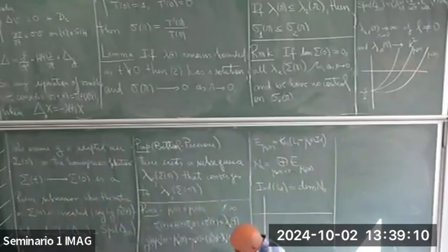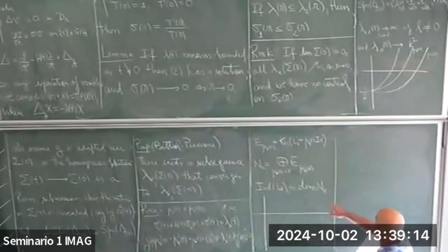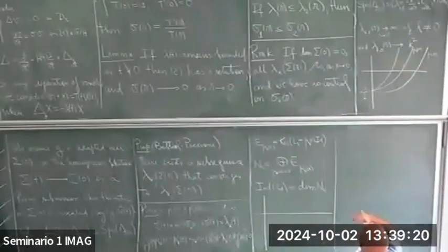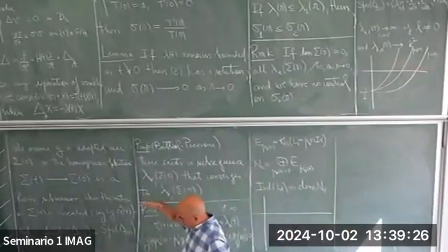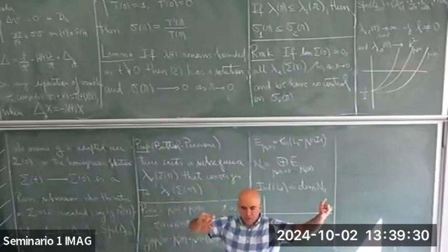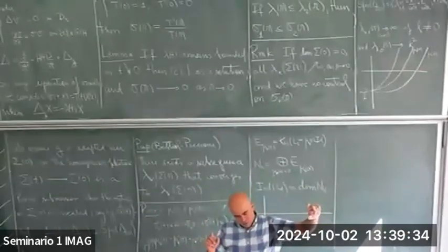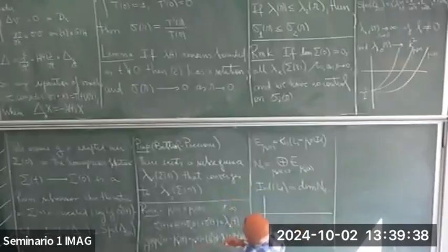What happens? If the eigenvalue lambda k converges, the corresponding Steklov eigenvalues go to 0.